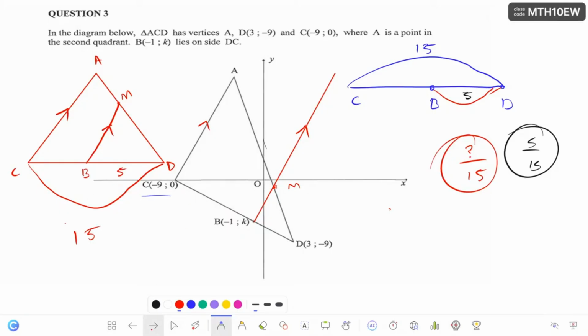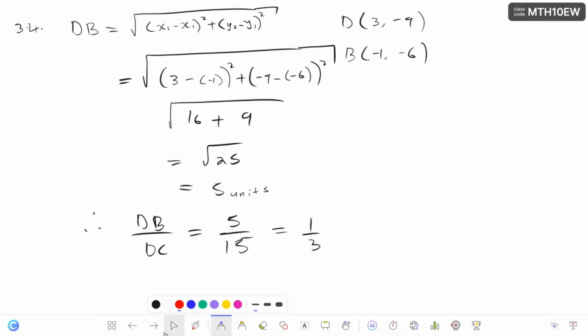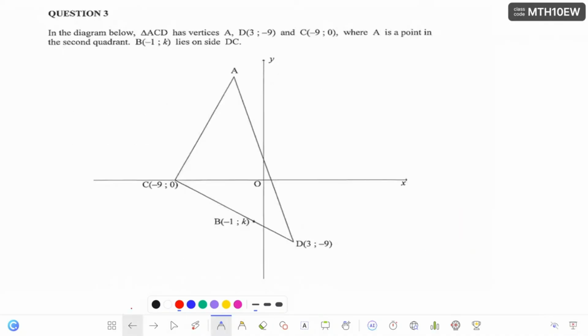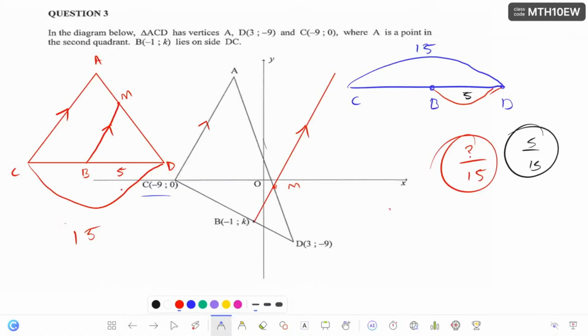Okay, so here they need us to calculate the area of the triangle and the area of the other triangle. If we check something, this angle is common to both triangles.